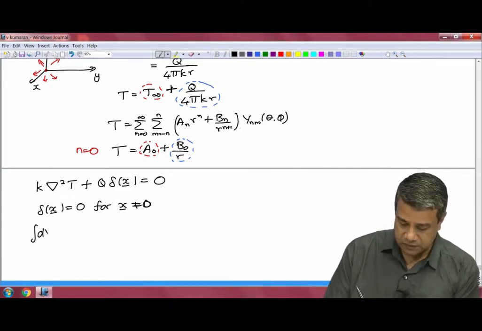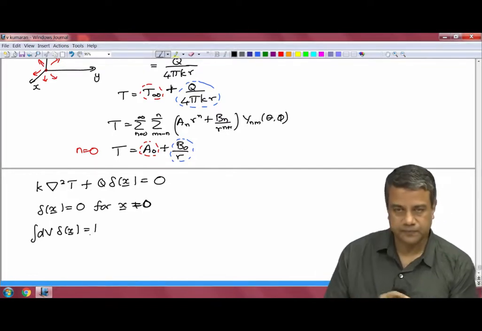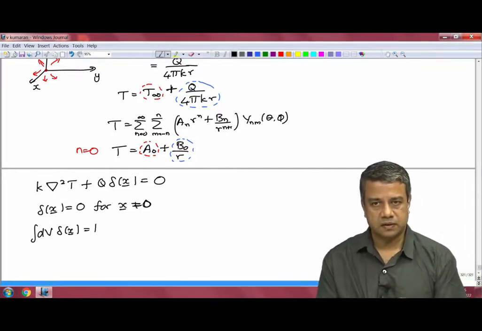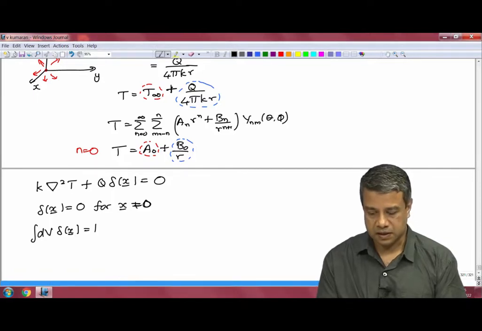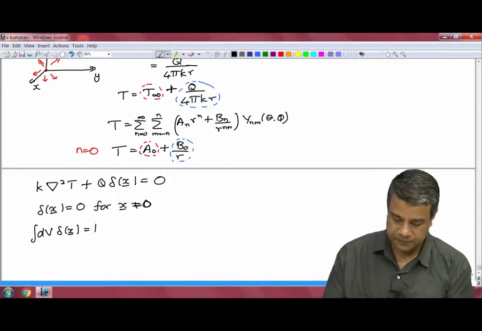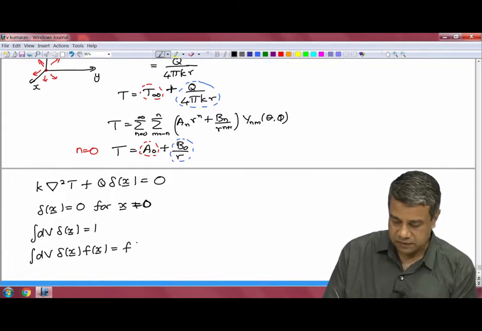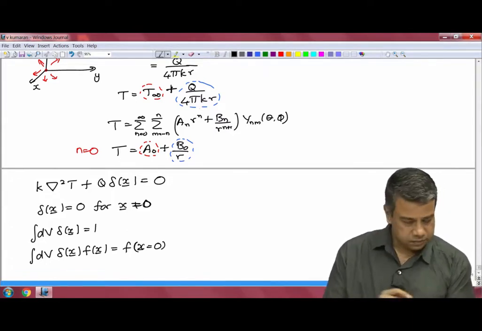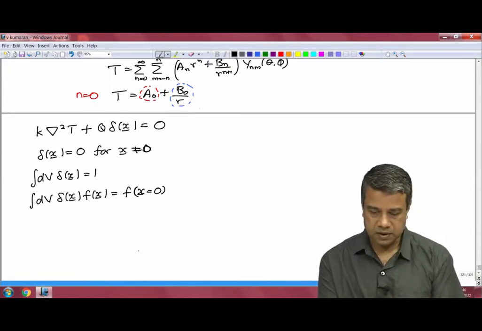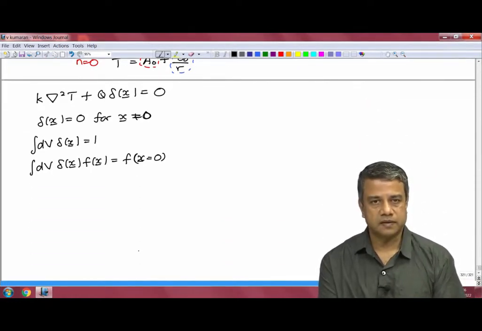The integral over the entire volume of dV times delta of x is equal to 1. So, this function is going to infinity at the origin, and the integral over the volume is equal to 1, and the integral dV of delta of x times some function of x is equal to the value of the function at the origin. Those, recall, were the properties of the delta function.